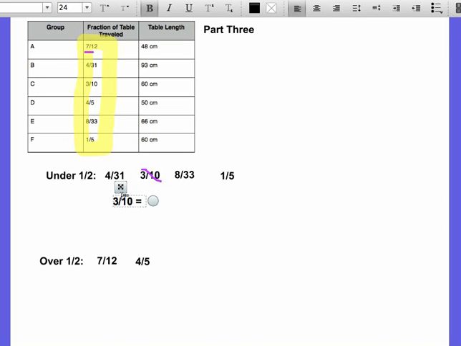If we have a table length of 10 centimeters, to get to 30, it's like multiplying by 3. So we're going to multiply each side by 3, and whatever you do to one side, you must do to the rest. So that is going to equal 9/30.